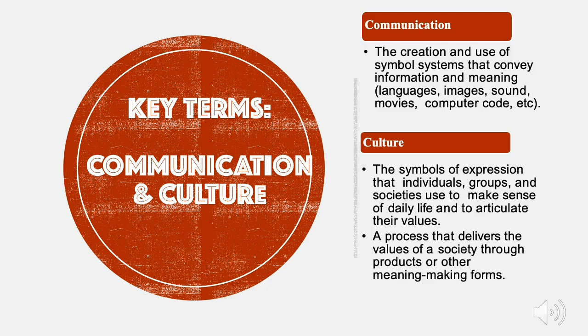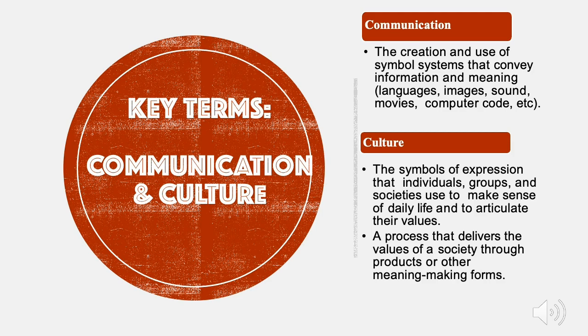So communication is the creation of symbol systems. That can be languages, it can be emojis, it can be computer code. Communication is the structures by which we convey culture. And culture is the expressions of individuals, groups, and societies that are used to make sense of their daily life and articulate their values.